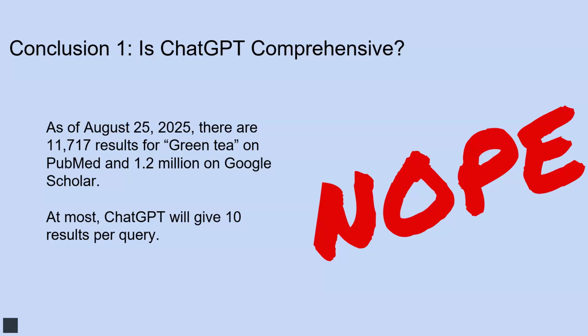And if you put it into Google Scholar, you get 1.2 million. So it's not going to be super helpful when you're doing research or when you want to request interlibrary loans to forward that research, because it's just going to give you either fabricated information or the same 20 articles that it has given you before.